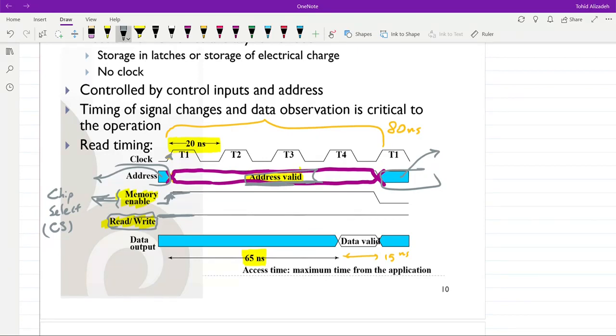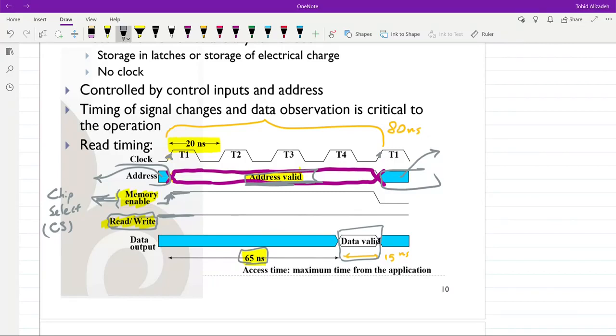And as I mentioned, after 65 nanoseconds, the information will be valid. So the CPU will be able to write this information into some internal register. And then in the next rising edge of T1, we can perform another memory read or memory write operation.